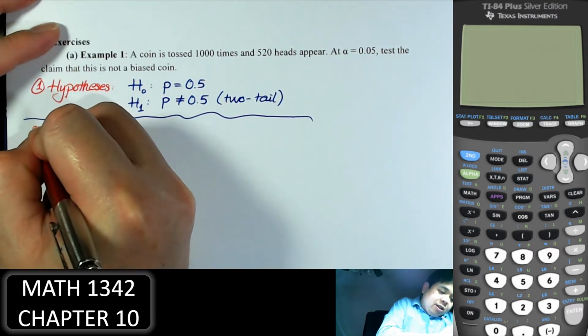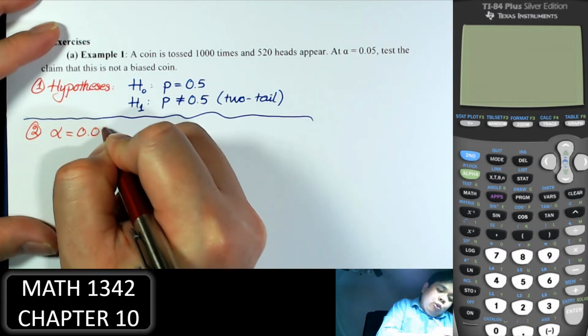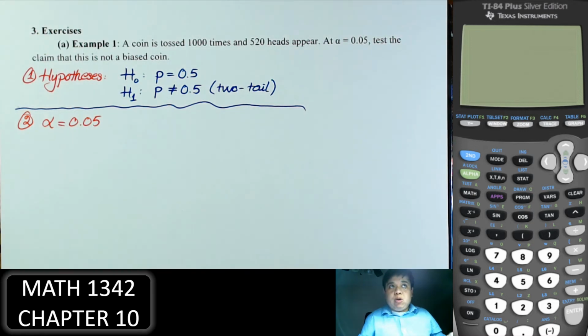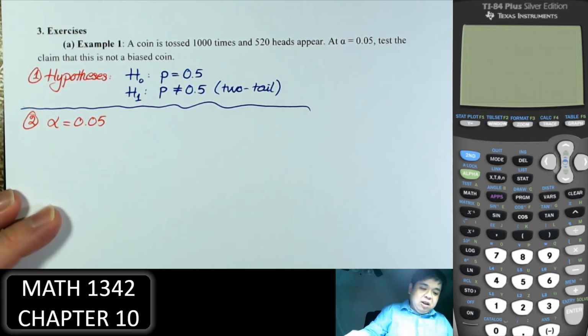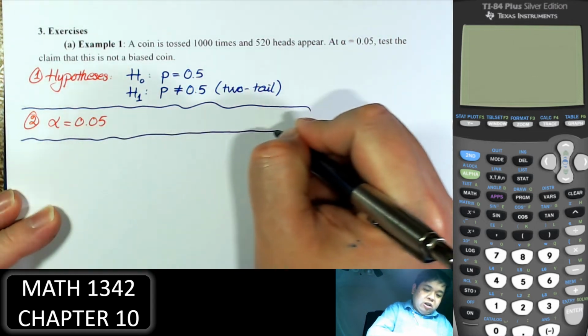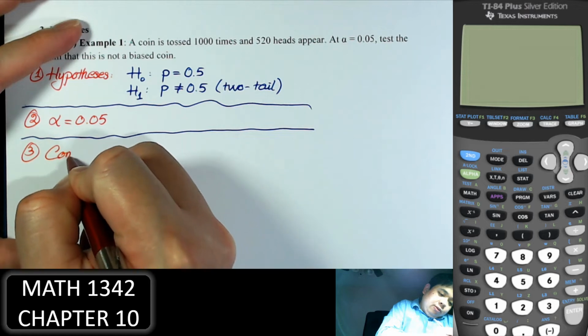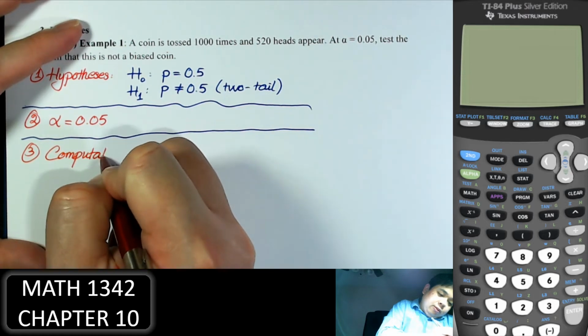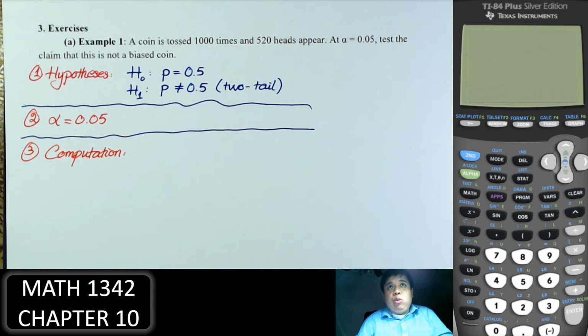And then the second is establish alpha, alright, 0.05. We don't need this if we use the p-value approach. We only compare this at the end. Right, next step is the computation, and we use the calculator.